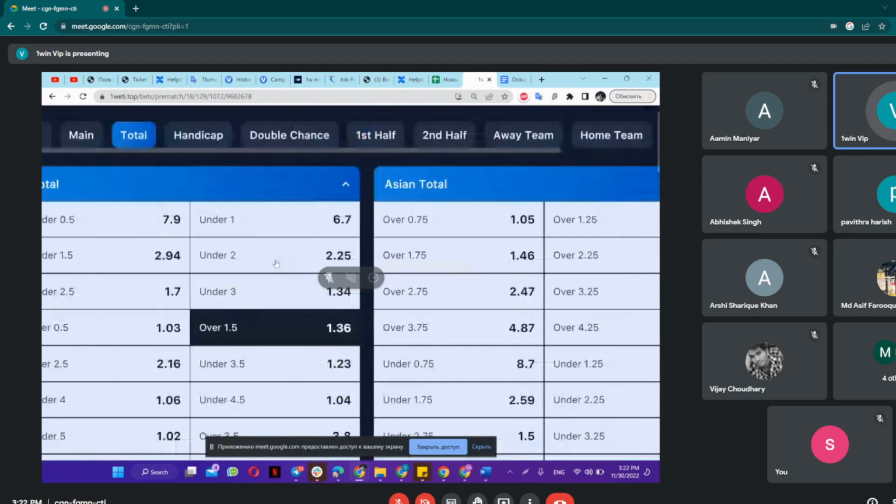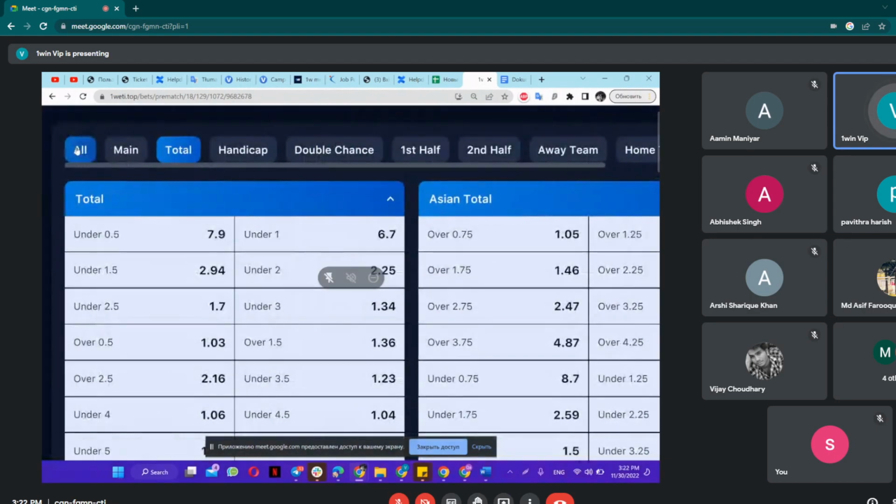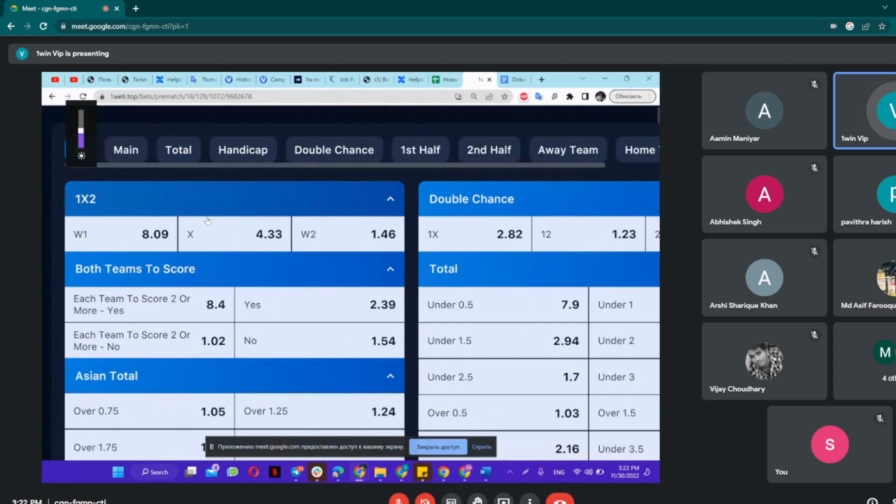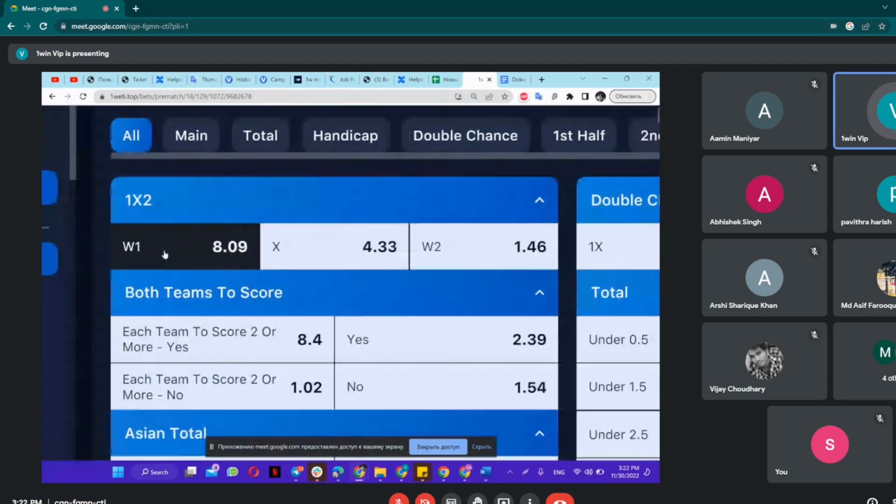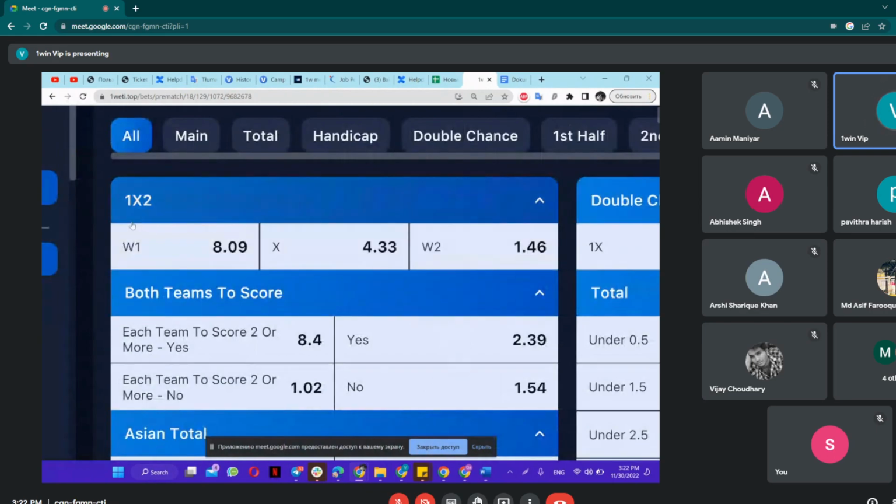Also, I want to explain the same thing, but on the example of a 1x2 bet. We have 1x2: winning of the first team, winning of the second team, and draw. So a full range of betting. There is no chance to receive a refund because we are able to place a bet on each result of the match.